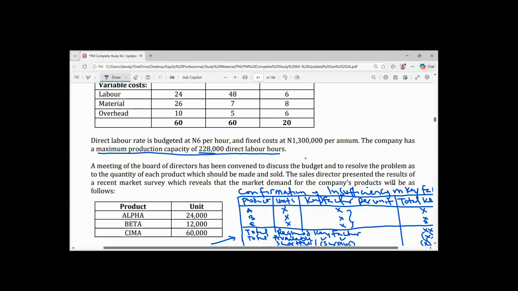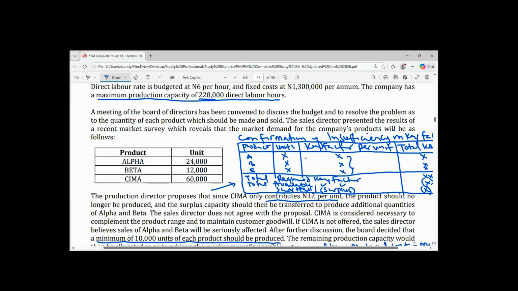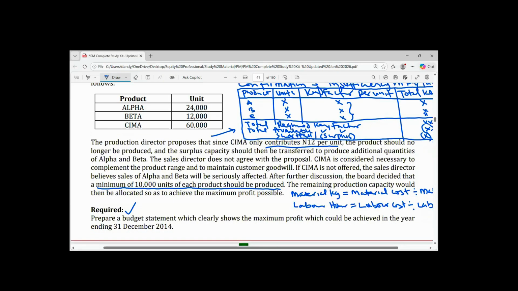Also in the question, you are told there is a conflict in this company between the production director and the marketing director. The production director proposes that because SEMA contributes only 12 naira per unit, the company should discontinue producing SEMA, and the resources of SEMA should then be transferred to produce alpha and beta.